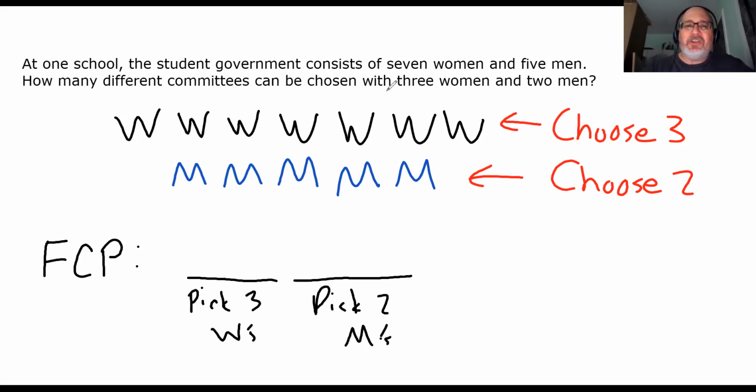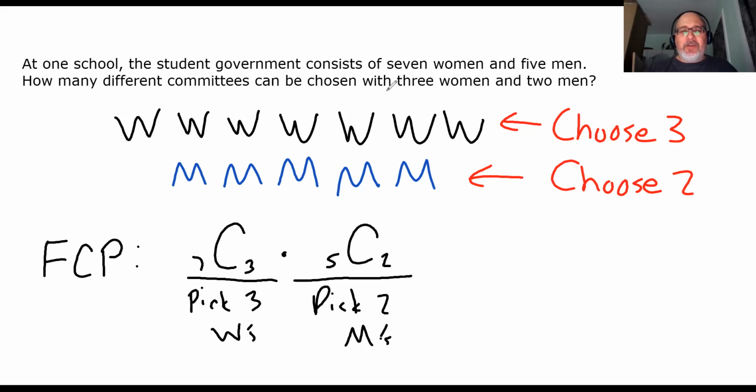And if we know how many ways to do that, then we just multiply the 2 answers together. Well, how many ways can I choose 3 of the 7 women? And remember, the order doesn't matter. That would be 7C3. And how many ways can I pick 2 men? That would be 5C2.